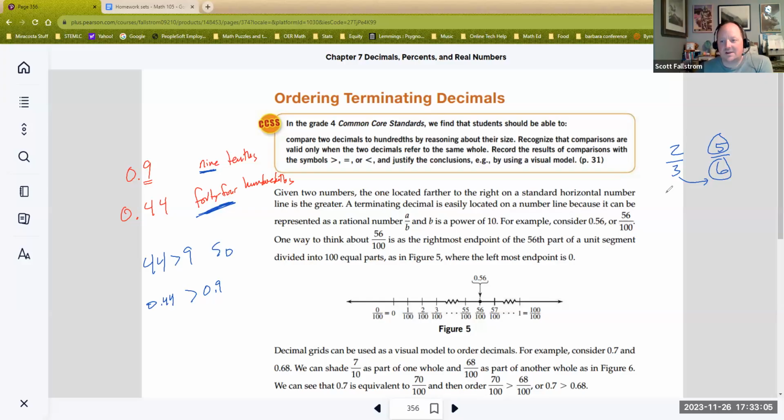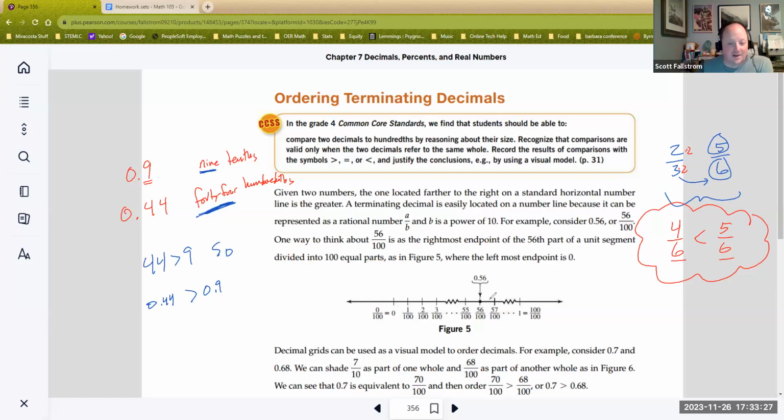No. What we would need to do to compare them is, most of the time, create a common denominator. So we would FLOF, and this would be 4/6 and 5/6. And now that they are the same denominator, you could compare them and see which one is bigger. And that is how we could do it.